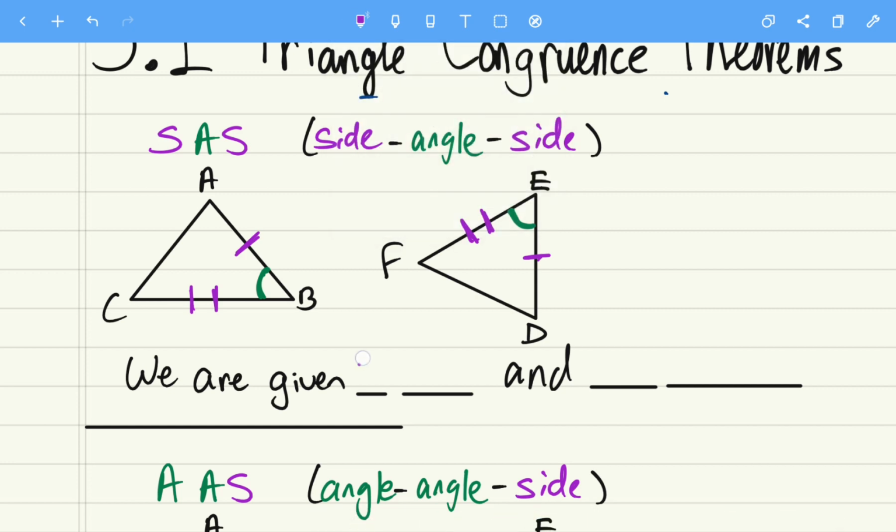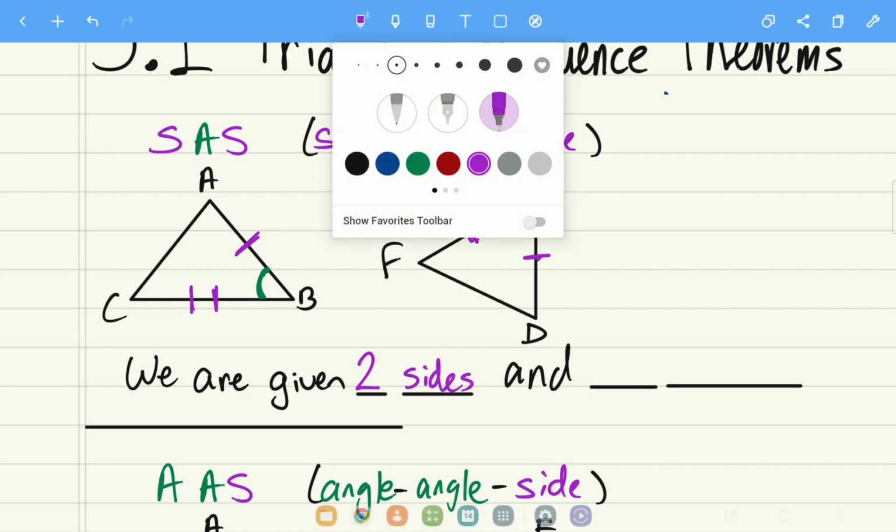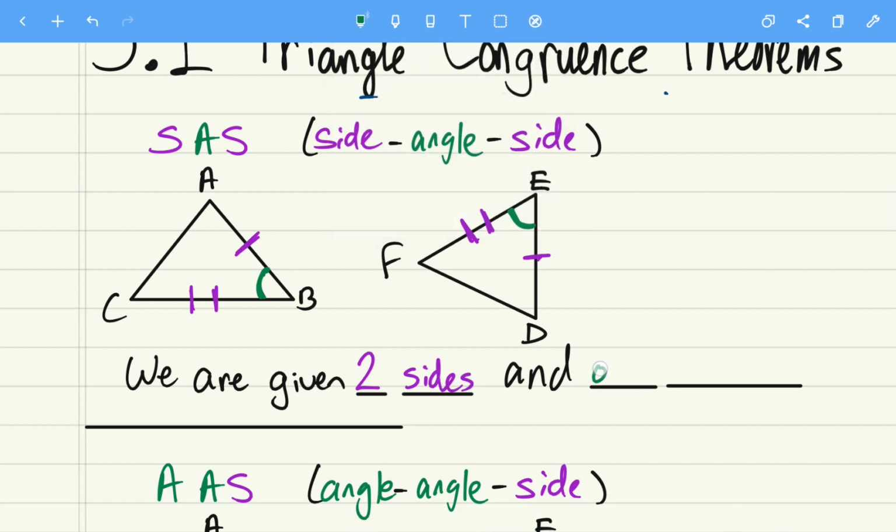So we are given two sides and one angle between the sides. Order does matter.